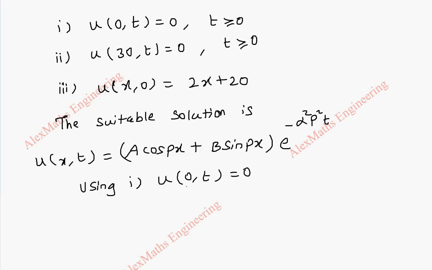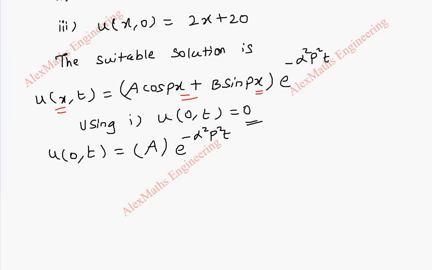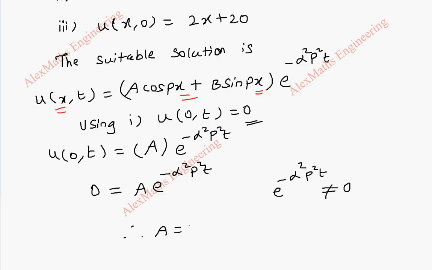Wherever x is there, we have to substitute 0. By substituting, we get u of 0 comma t equal to a into cos 0 is 1 and sin 0 is 0. So we have only a now, and e power minus alpha square p square t, and u of 0 comma t is 0. So 0 equal to a into e power minus alpha square p square t. Here e power minus alpha square p square t is not equal to 0. Therefore a must be 0.